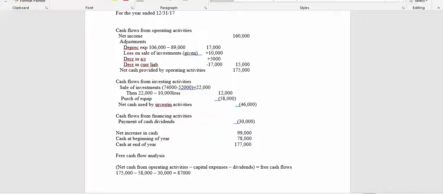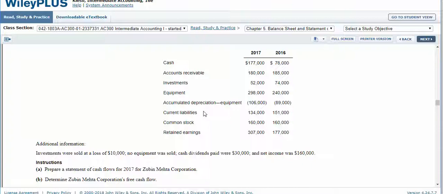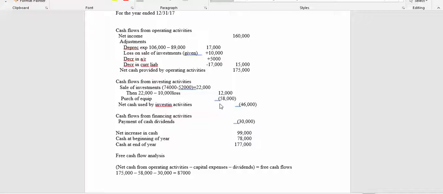Now we also bought something. Equipment went from 240 to 298. So we bought equipment. No equipment was sold, so all we did was buy it. So 58,000 in equipment.